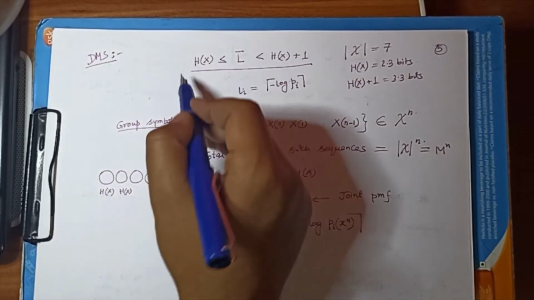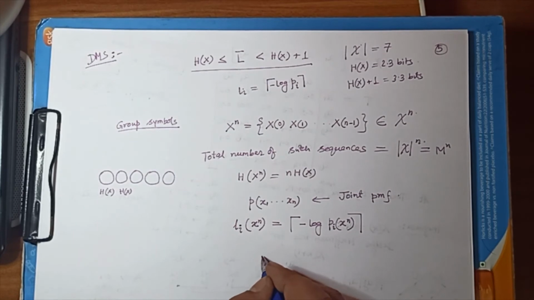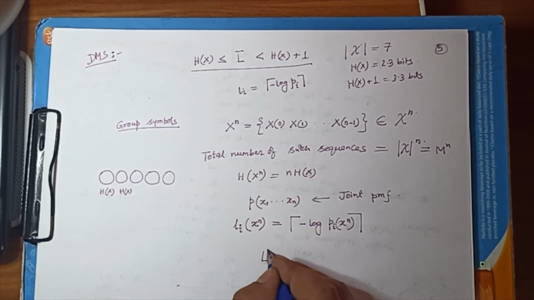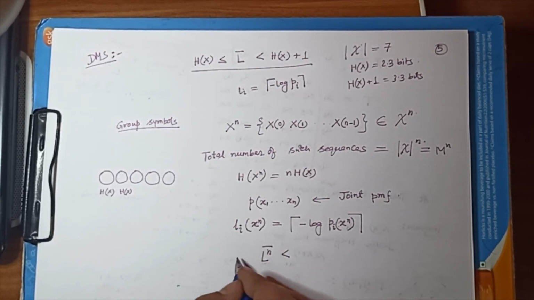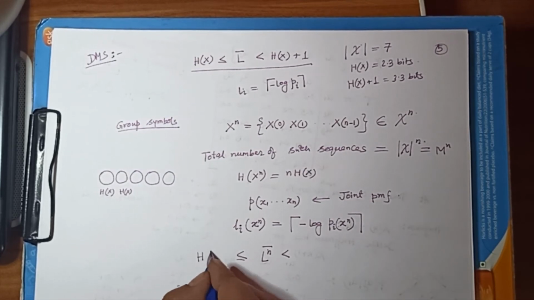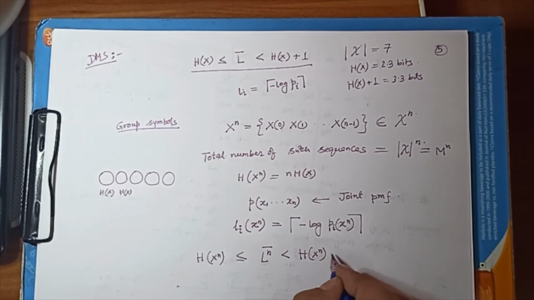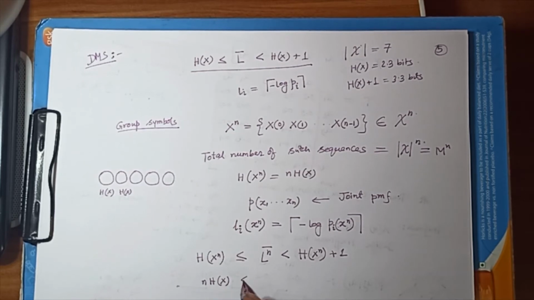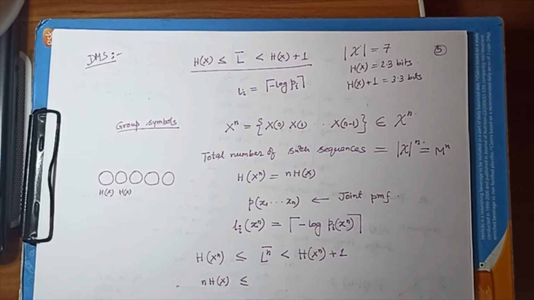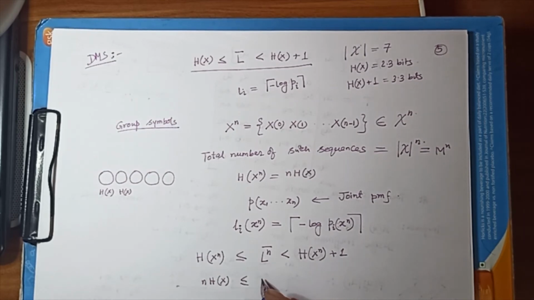Then the corresponding inequality for the average length L_n will be H(X^n) ≤ L_n < H(X^n) + 1. Now H(X^n) is nH(X), and this is basically the average length for n symbols, so it is essentially nL if L is for one symbol.